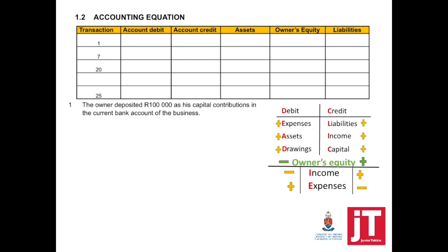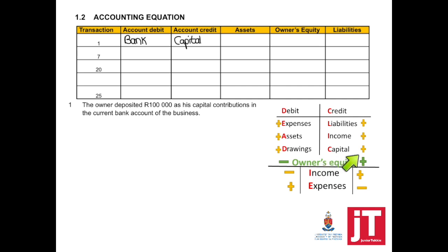So if I look now at the owner deposited 100,000, the business has a favorable bank balance, which means bank will be debited from the CRJ. Bank is classified as a current asset, which means now capital is going to be credited, double entry principle. For every debit, there's a credit.